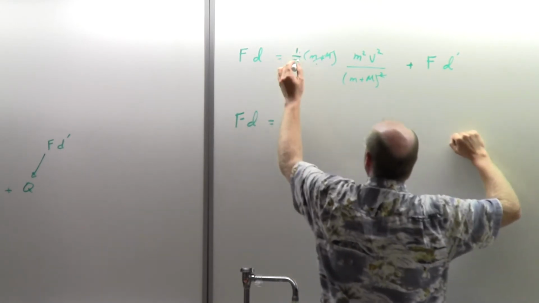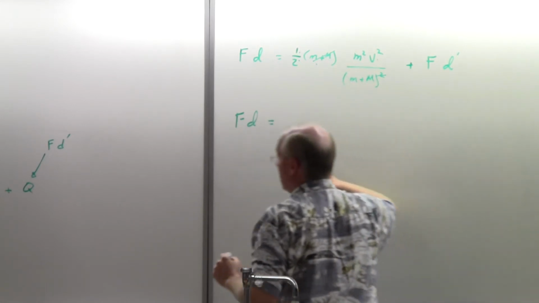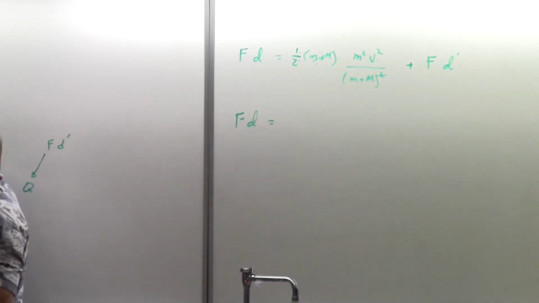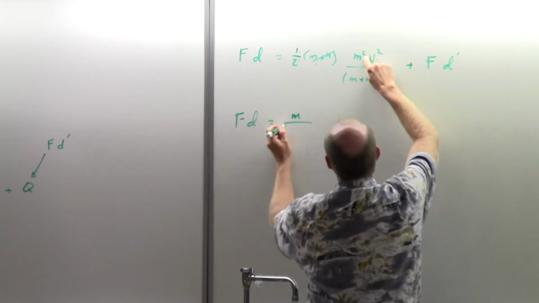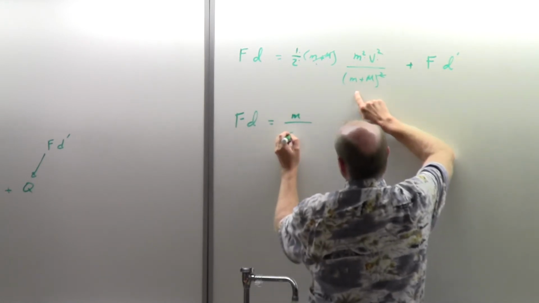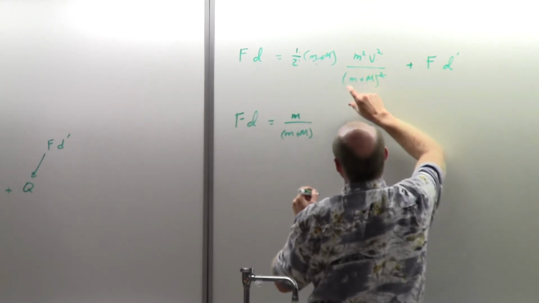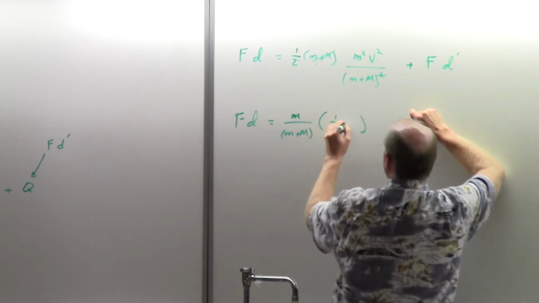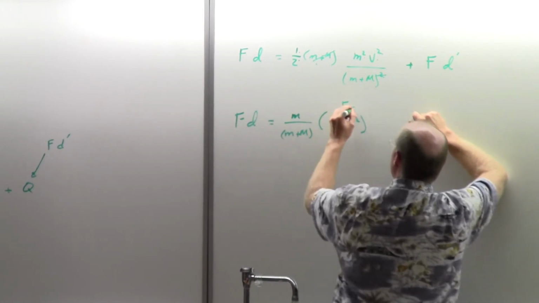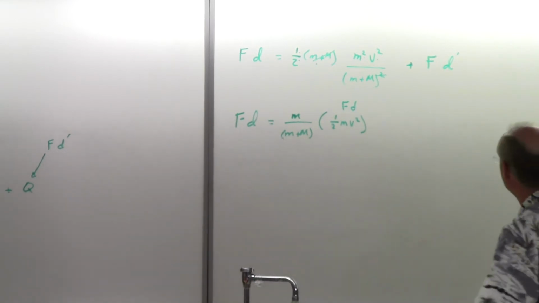But if you look at that 1/2 of v squared and one of the m's, isn't that what this is here? So in other words, if I put one of the m's and the m plus big M, I leave those alone, this other part is 1/2 mv squared, which is force times distance from scenario 1.